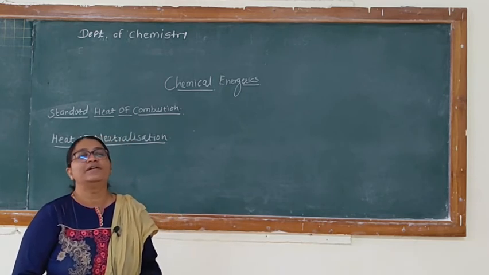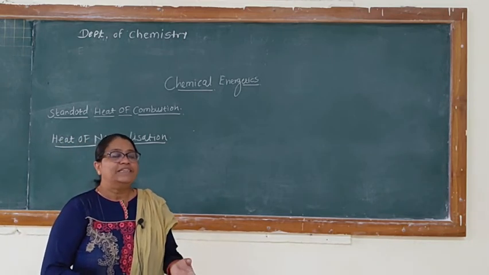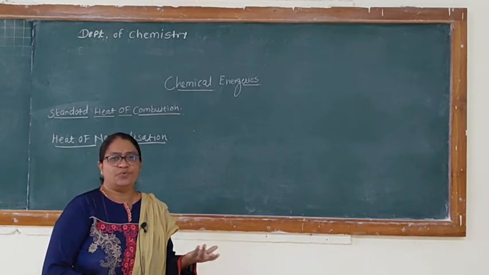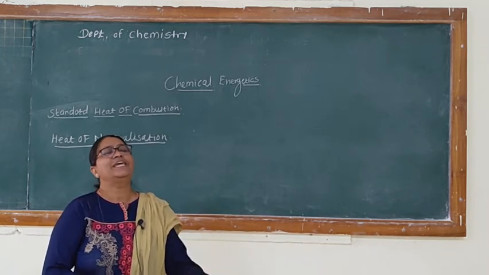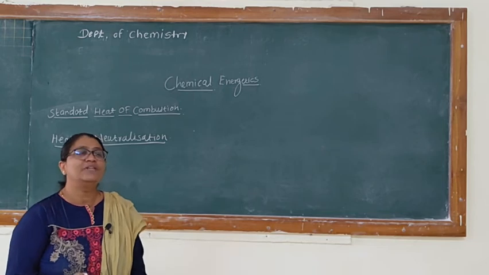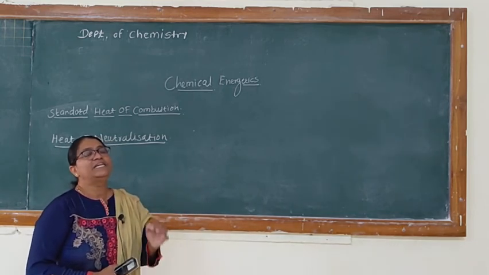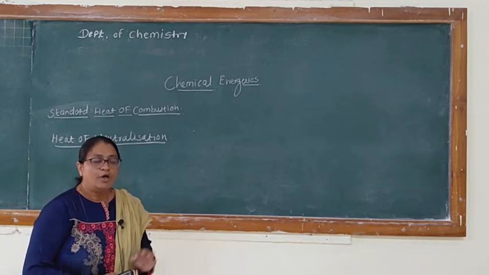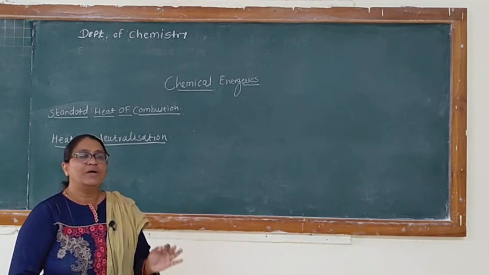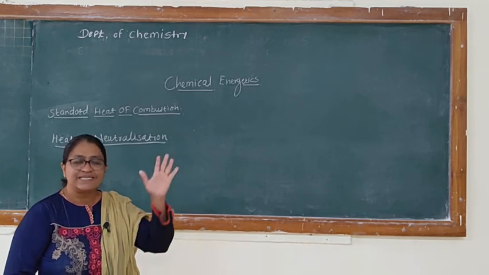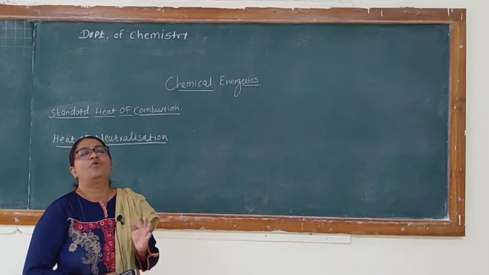The amount of heat change, whether evolved or absorbed in this reaction, is called the heat of neutralization. The definition is made such that it is the amount of heat change when 1 gram equivalent of acid reacts with 1 gram equivalent of base.